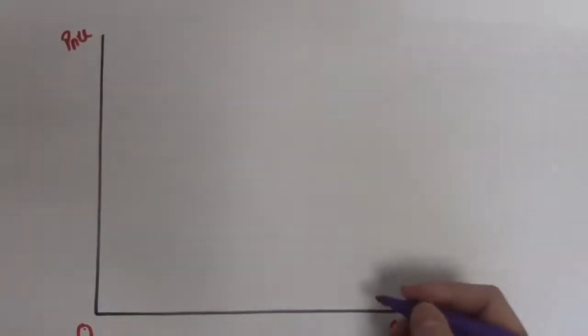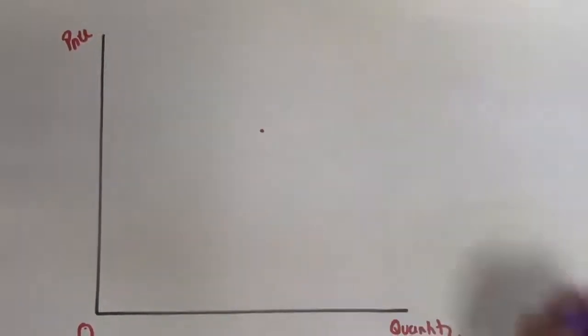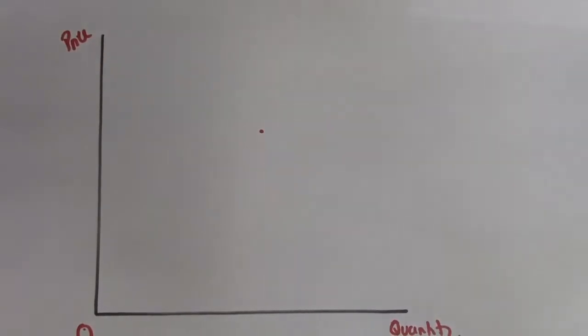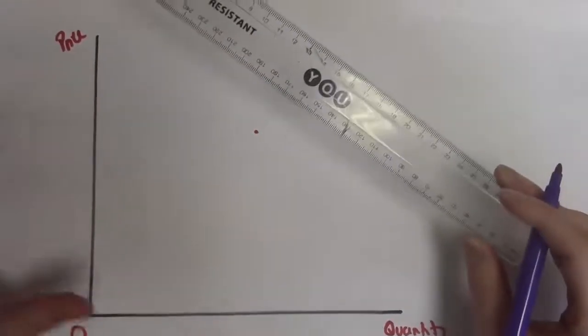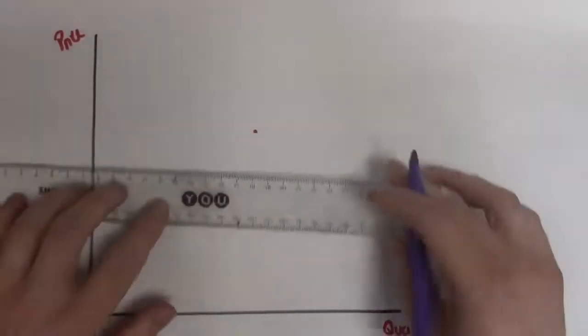This is the way that I do kinked demand curves, and you might want to go through this process yourself if you think maybe it helps. Because we don't know how it's determined, we have to accept a price level of some sort. Just do a dot like that, somewhere roughly in the middle of your diagram. Now, we look at two sections of the kinked demand curve, one being elastic, the other being inelastic.